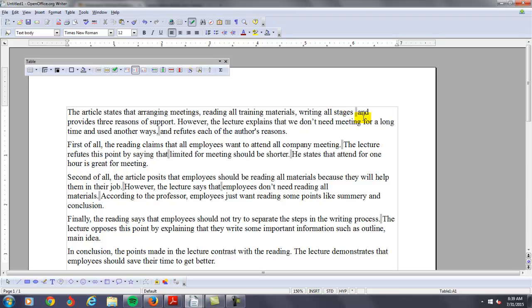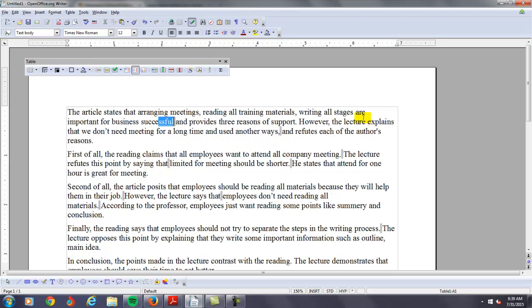That's my question. I want to say important for business success, right? Then you can say it provides 3 reasons of support.